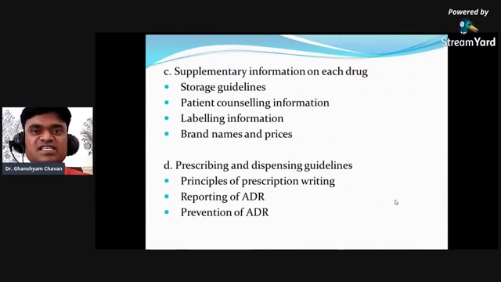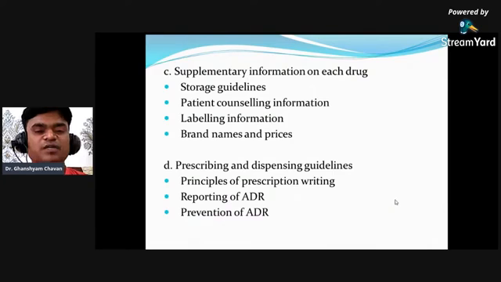Out of these 6 centers, only 2 are working properly, where we are getting proper reporting of ADR: one in Mumbai and another in New Delhi. But in the other 4 centers, we are not getting the proper reporting which we should get.